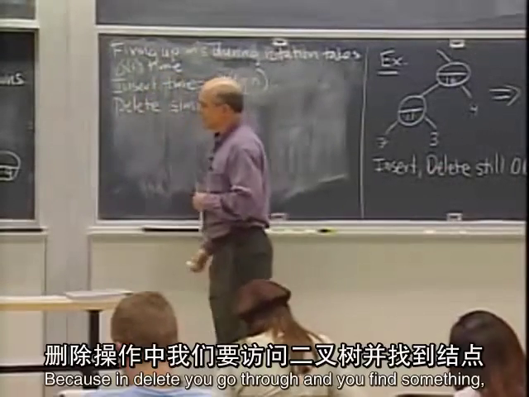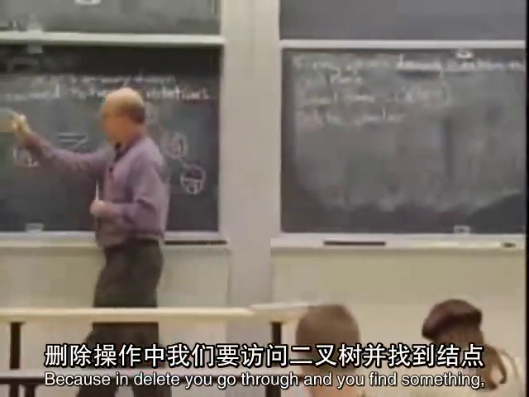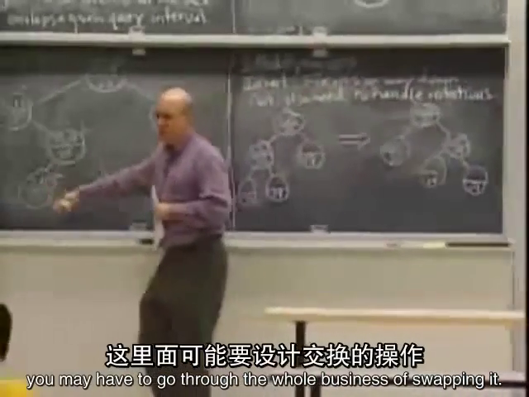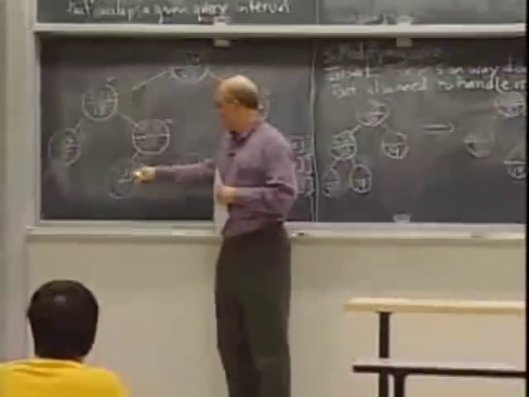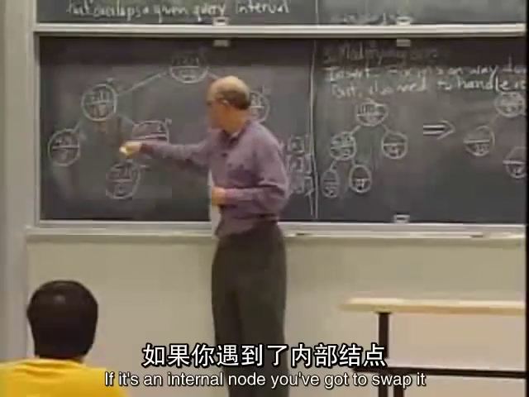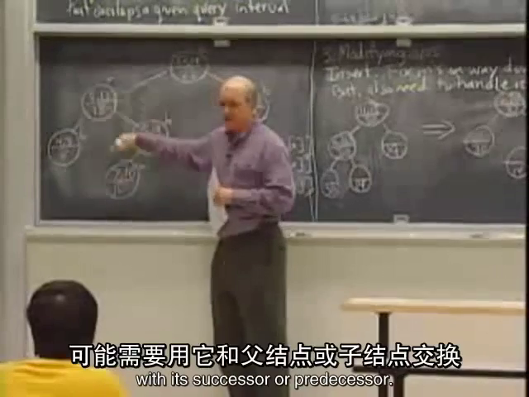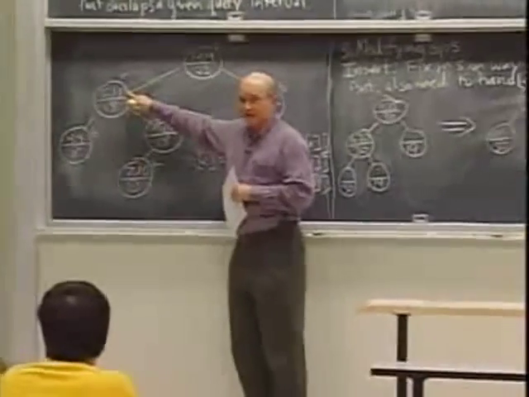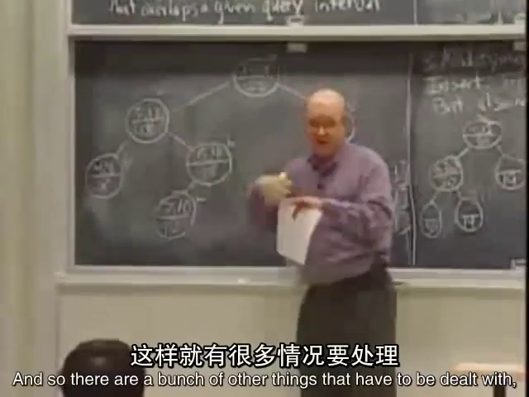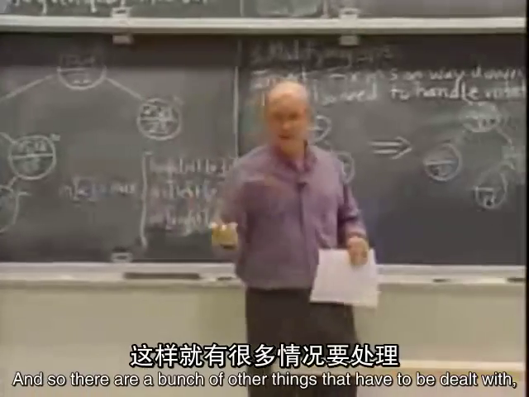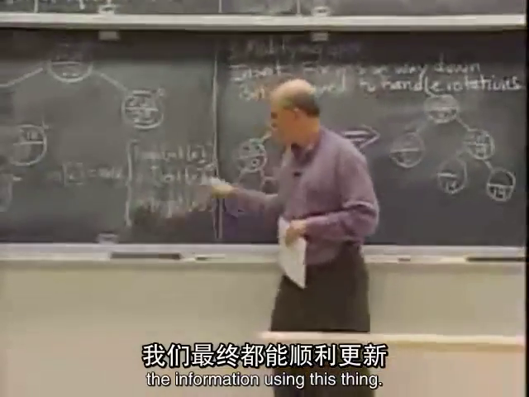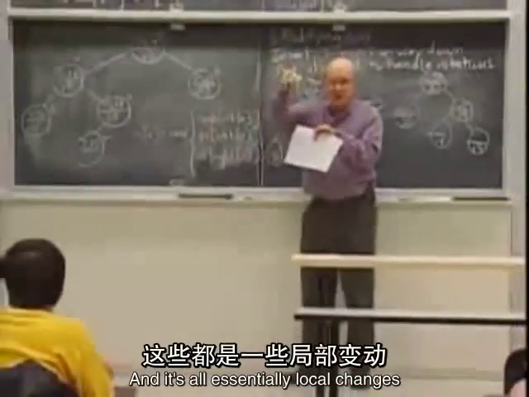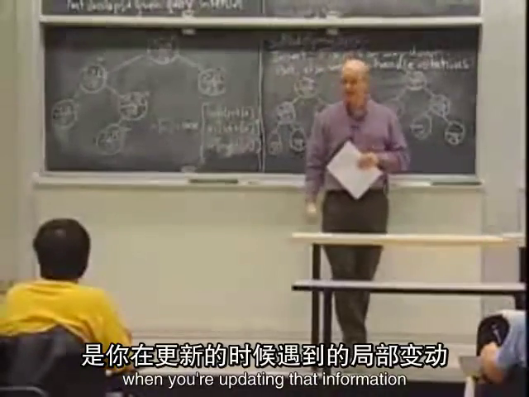Because in delete, you go through and you find something. You have to go through the whole business of swapping it with, if it's an internal node, its successor or predecessor. And so there's a bunch of other things that have to be dealt with, but it's all stuff where you can update the information using this thing, and it's all essentially local changes when you're updating that information.